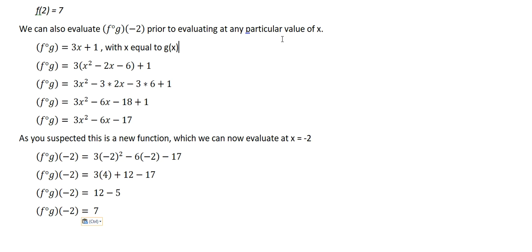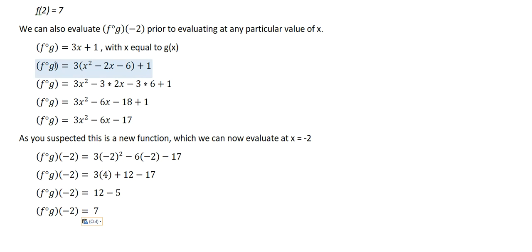This is particularly useful if you're looking to make a new function out of composing two other functions. All right, so the composition of f and g is 3x plus 1 with x equal to the function g of x. Wherever we see x, we're going to replace it with the algebraic expression of the right-hand side of g of x.